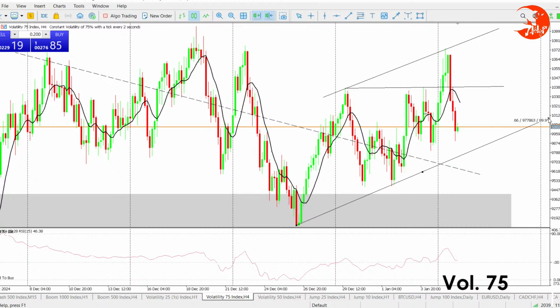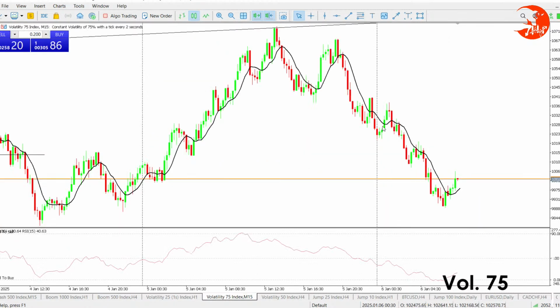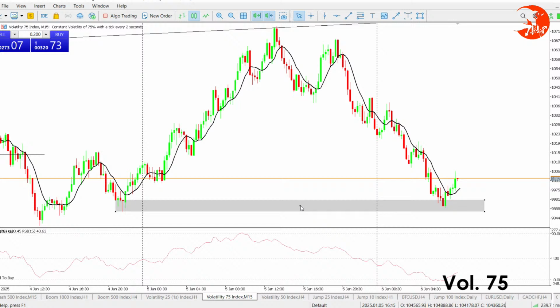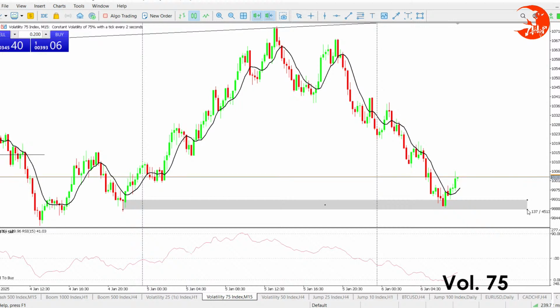So let me just first put it right here as my lowest point, and wait until I have a new confirmed low. That's when I can have a glimpse into this asset more deeply. So for now, it's a no-go for me. According to M15, if you want to look into M15, you can clearly see that those who love trading, scalping, can use that as your support right here.